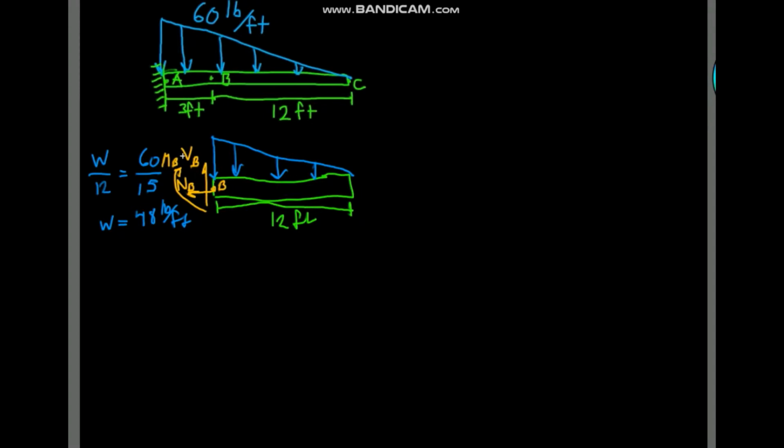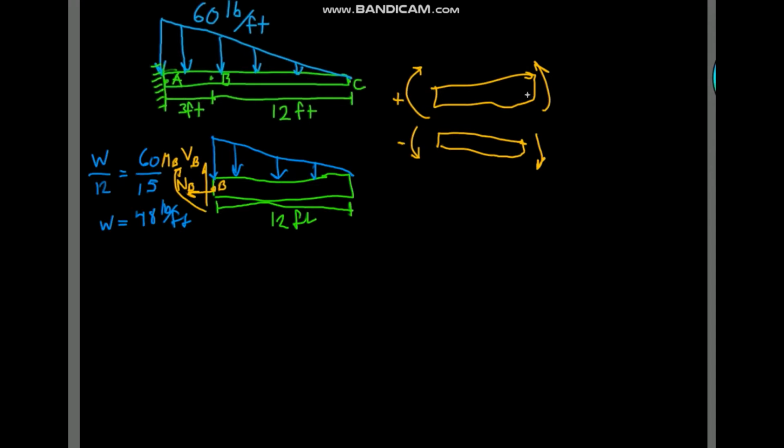And the way this works is the convention for moments and shear is that if you've got a moment that bends it like this, it's positive. And then if you've got a moment that bends it the other way, it's negative. The way I like to think about it is that when it bends it so that it creates a smiley face, it's positive, and if it bends it so that it makes a sad face, then it's negative.